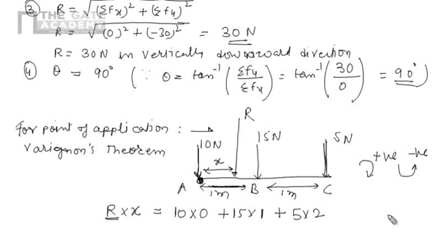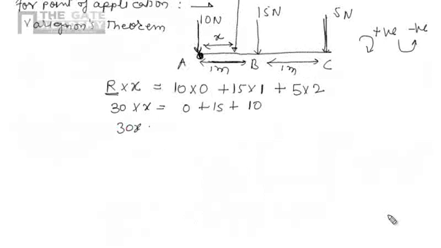And we know the magnitude of R is 30, so 30 into x equals 0 plus 15 plus 10, so 30x equals 25.